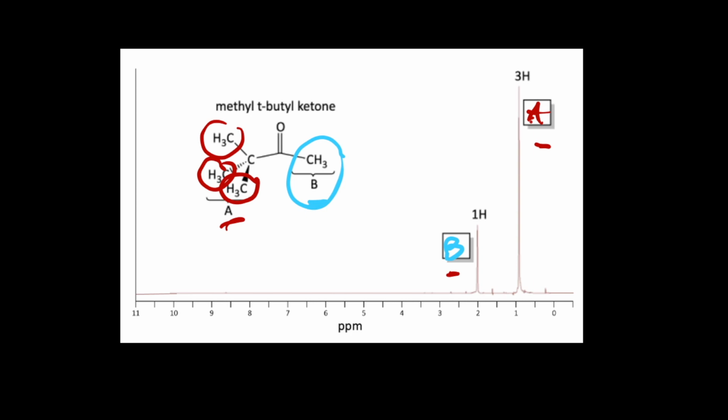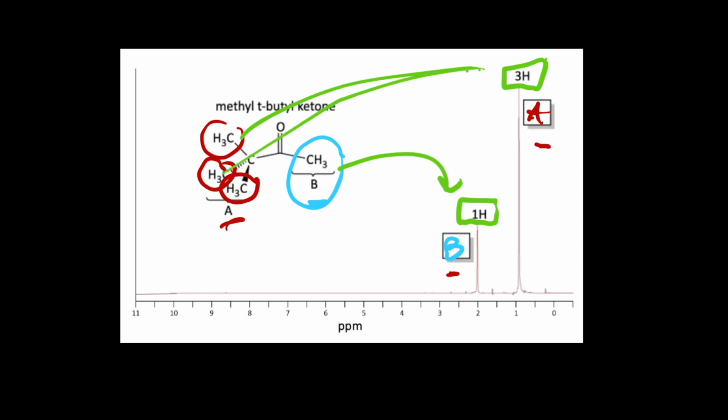Now here's the thing I want you to notice. When I measure the area underneath the peak, the computer came back and said, this represents 1 hydrogen's worth, and this represents 3 hydrogens' worth. Now that might throw somebody off. They might think, well, this really means only 1 hydrogen and 3 hydrogens. But no, it means there's 3 hydrogens compared to 9 hydrogens, or a 3-to-1 ratio.